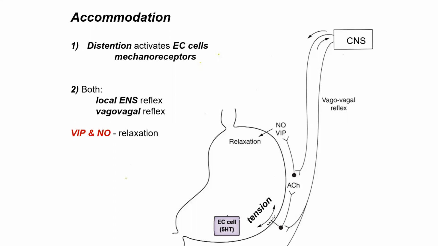So we have two pathways of inhibition. It's either by the EC cell, which releases serotonin, which activates the neurons, and the neurons will release acetylcholine, and the acetylcholine will release NO-VIP, or what's the other pathway? The vagus nerve.